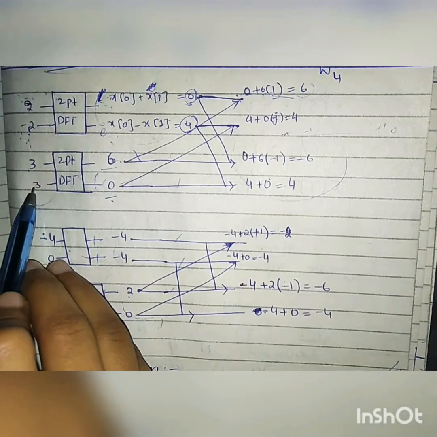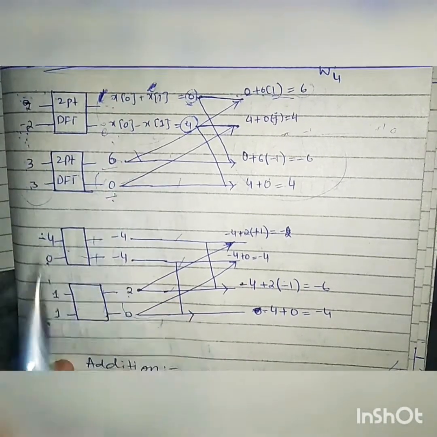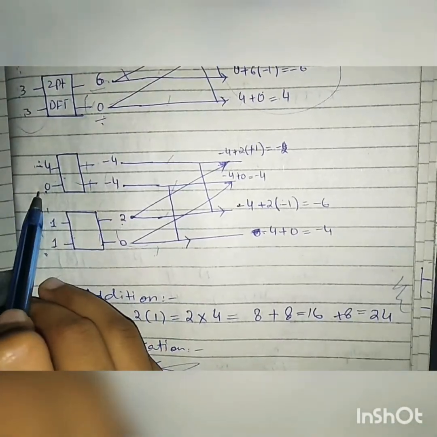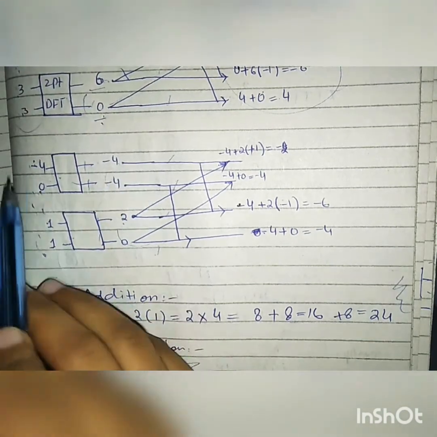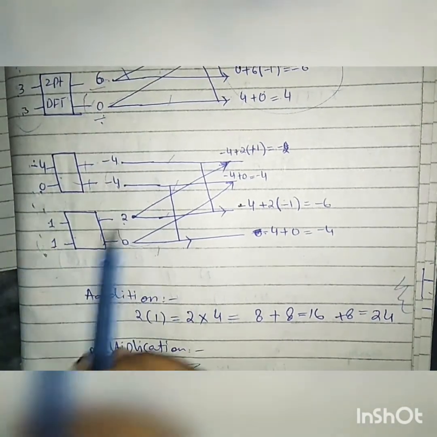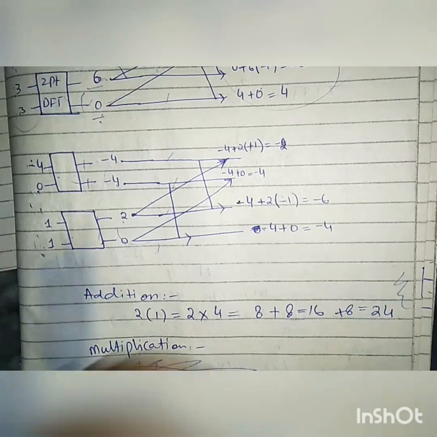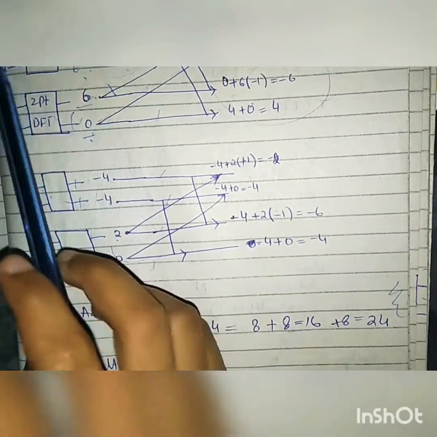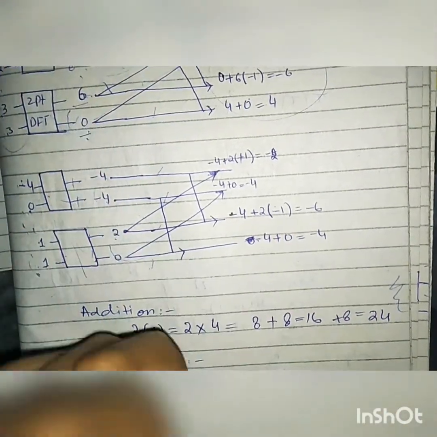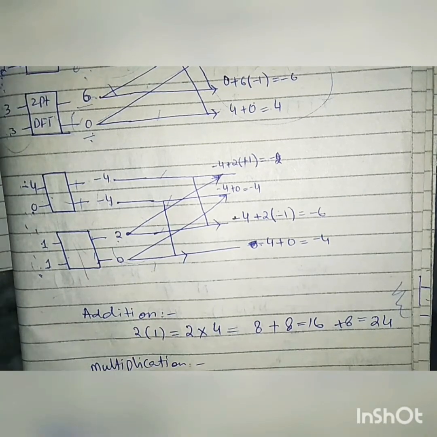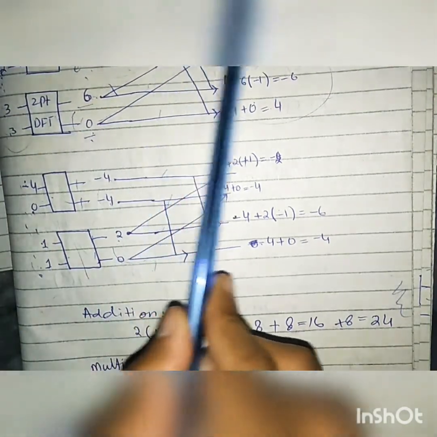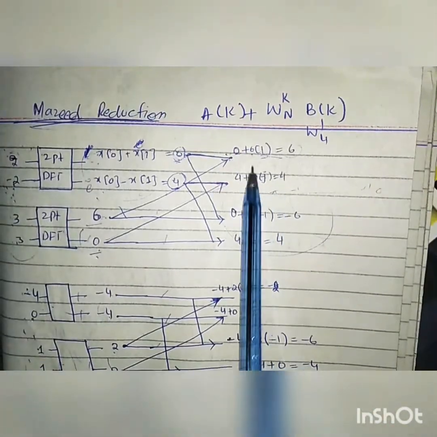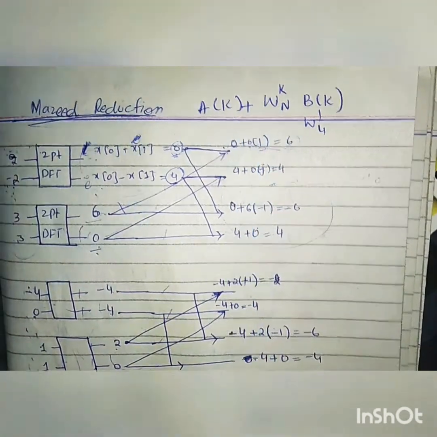Here 3 plus 3 is 6 and 3 minus 3 is 0. Here minus 4 plus 0 is minus 4 and minus 4 minus 0 is minus 4. Here 1 plus minus 2 and 1 minus 0. In this step you don't need to do multiplication, you are just doing additions, and after that you will have those minor multiplications from this thing.